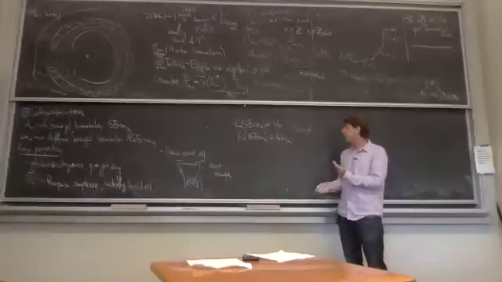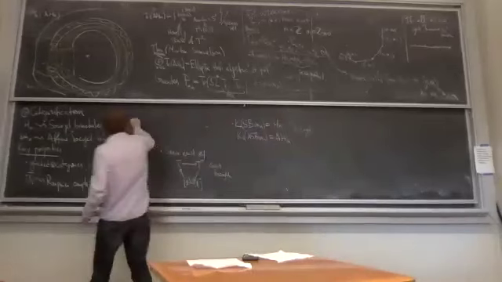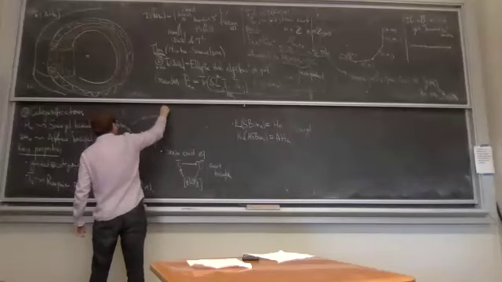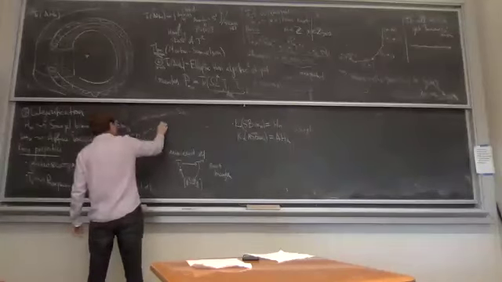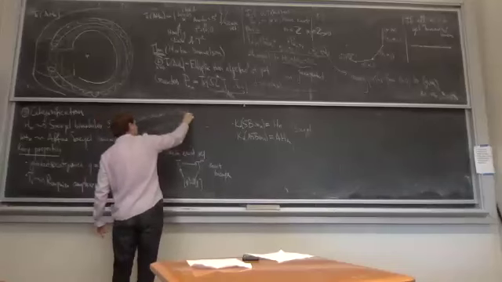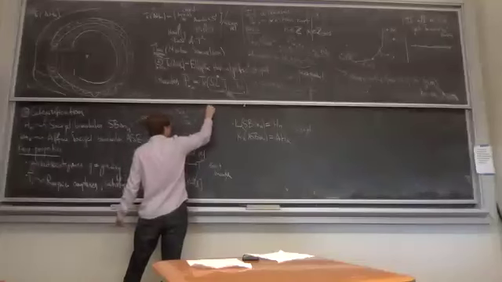So this is associated to Sn, and this is associated to affine Sn, and these are groups generated by reflections. These are really Coxeter groups.